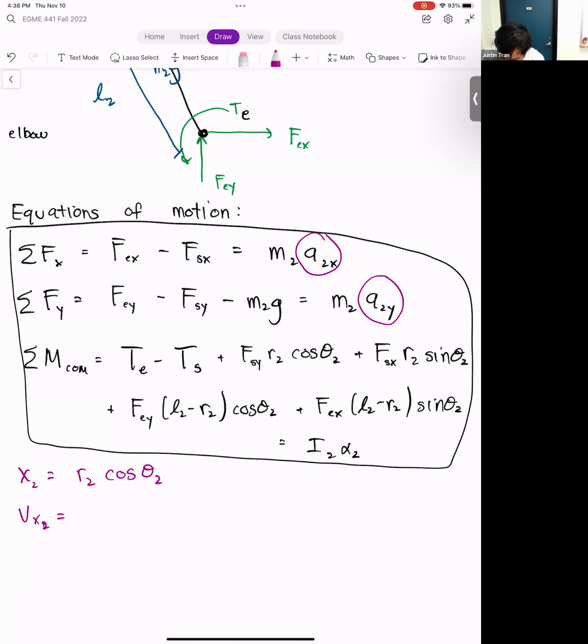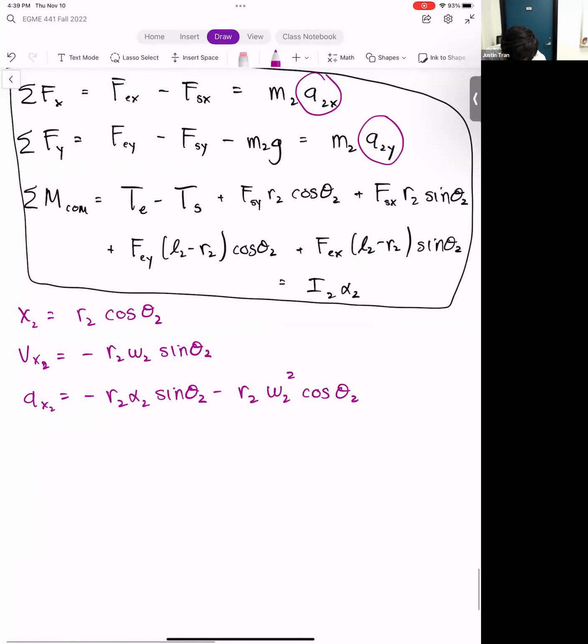We can take the derivative to get the velocity, which is minus R2 omega 2 sine theta 2. Then A2x is equal to minus R2 alpha 2 sine theta 2 minus R2 omega 2 squared cosine theta 2. We do the same thing for the y component. Y2 is equal to R2 sine theta 2.